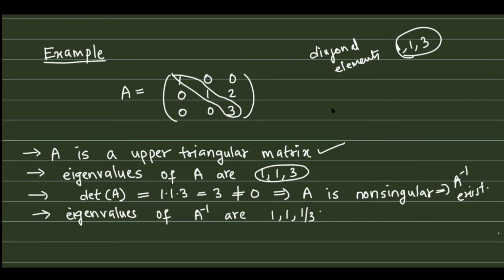And what will be the eigenvalues of A inverse? From the known theorem, the eigenvalues of A inverse will be the reciprocals of the eigenvalues of A. The reciprocal of 1 is 1 and the reciprocal of 3 is 1 by 3. So the eigenvalues of A inverse are 1, 1, 1 by 3.